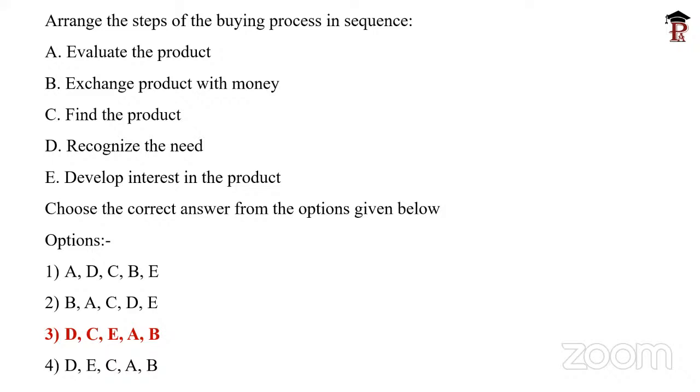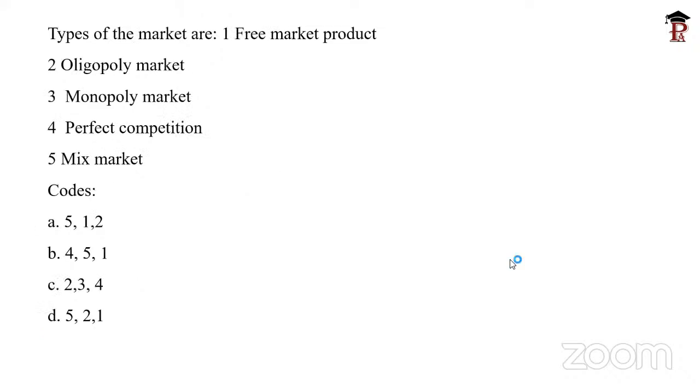Moving forward. Types of market. Here we have types of market. The first one is free market product. Second is oligopoly market. Then we have monopoly market, perfect competition, then mixed market. So you need to identify the markets.